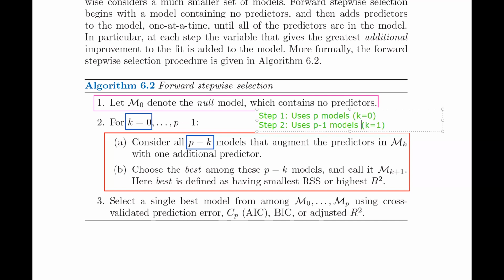Oh, wait a minute. Oh, I think I know why it's p minus 1. Because you've already picked. So step 1, when k is 0, you compare p models with one predictor and choose the best, calling it M_1.